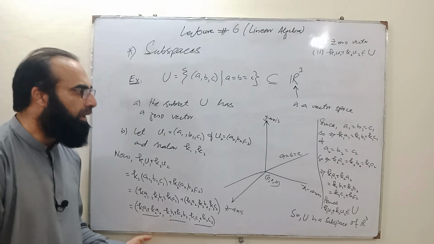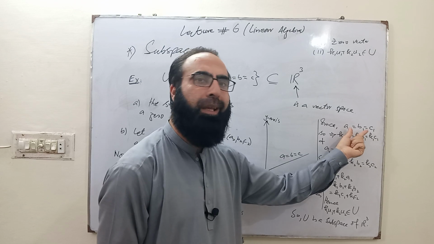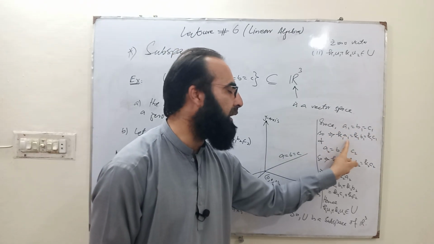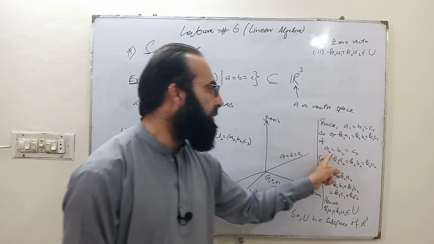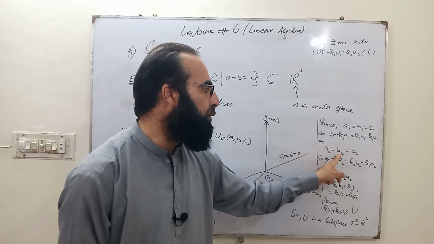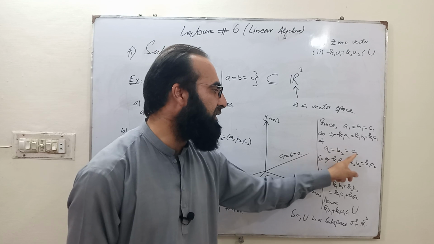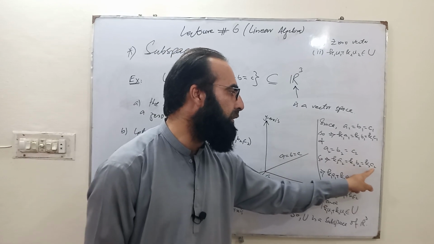Now we know that a1 equals b1 equals c1. If we multiply scalar k1 with these three, we will get k1 a1 equals k1 b1 equals k1 c1. Similarly, we know that a2 is equal to b2 is equal to c2, and if we multiply k2 with these three, we will get k2 a2 is equal to k2 b2 is equal to k2 c2.